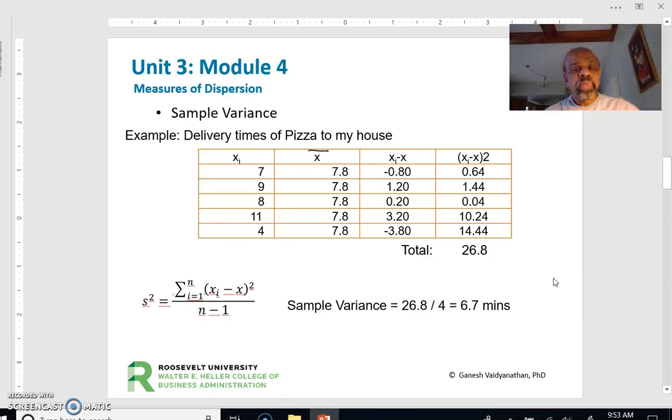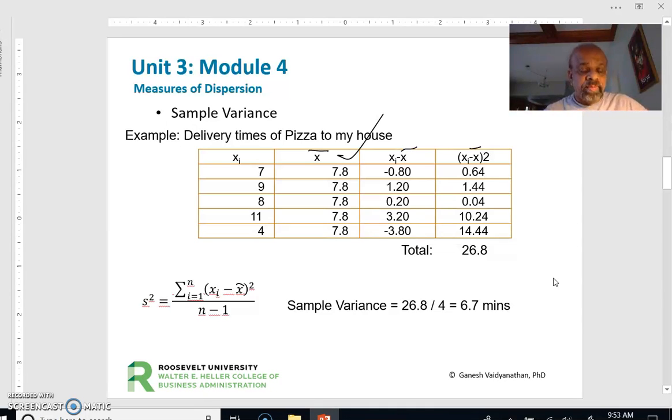That's all I want. Every time, I want this to be 7.8. So that is my expected, that is going to be my average or the mean. Okay, so this x bar here, I'm set now as 7.8.